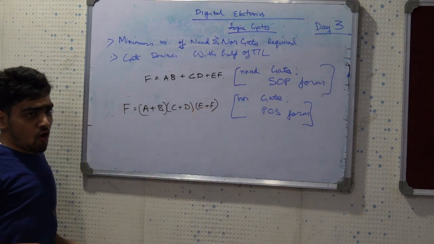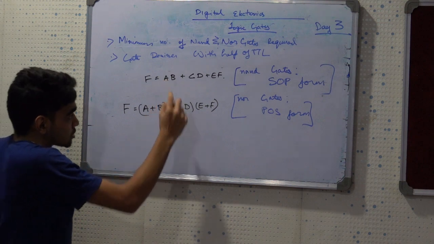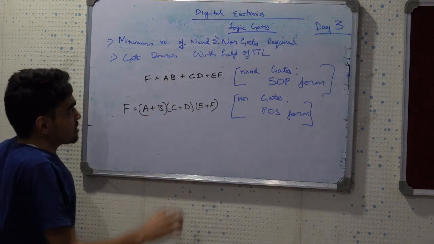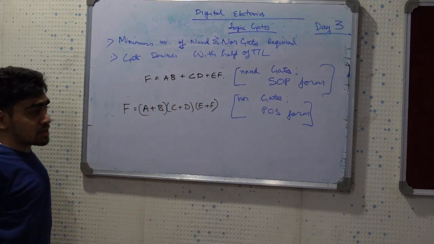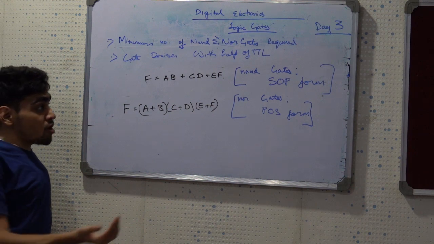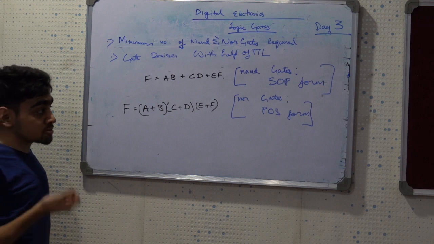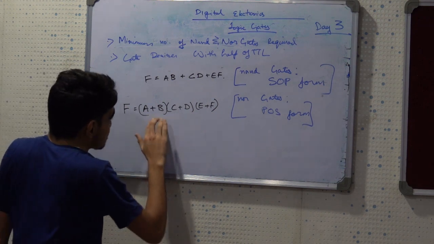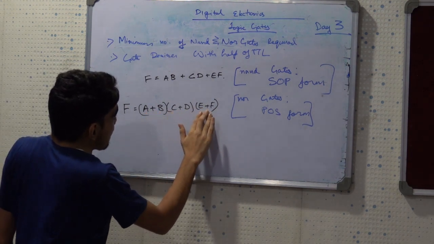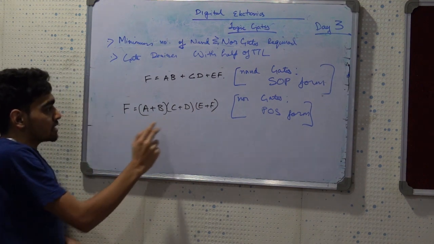SOP form is sum of the products, which means we have the products and we are taking the total sum of these products. And POS form is product of sums, where we have certain sums and we are taking the product of this.